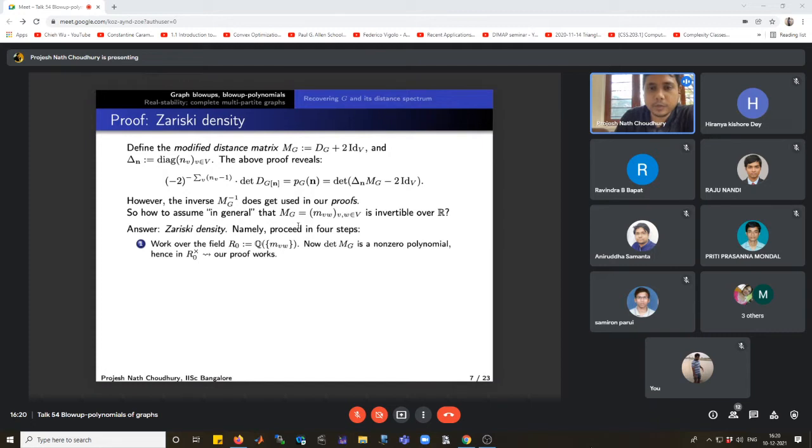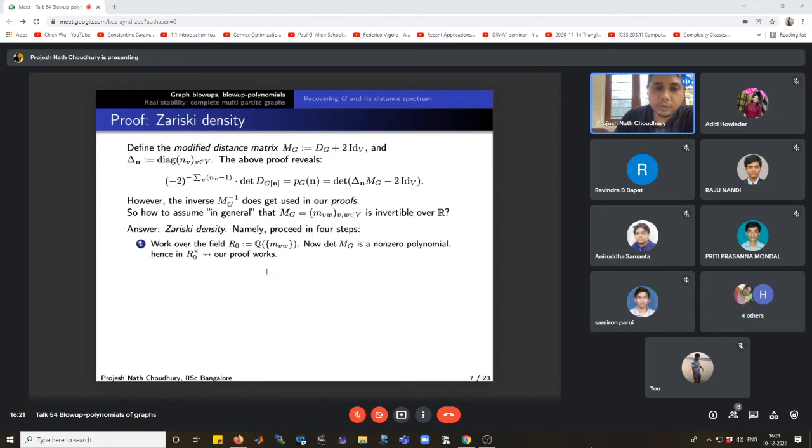Before I go through these steps, let me explain this with an example. If we work over the field of real numbers, let me tell you how. If we know this equality holds for MG not equal to 0, then using the continuity of the determinant function and density of the invertible matrices, one can prove this result for the field of real numbers.